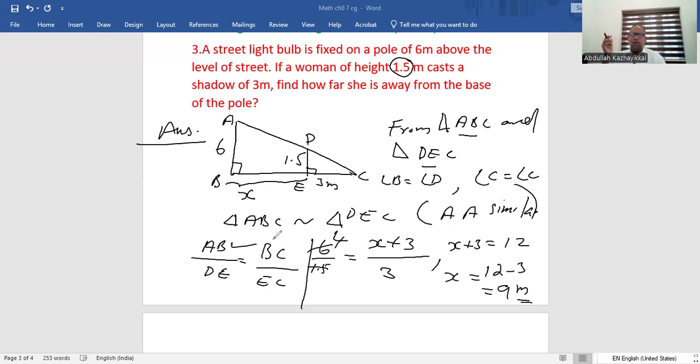Okay? Correct, exactly correct. 9 meter. Please, all of you, note it and make the correction. What I did here, 1.5 meter, not 3 meter. Understood? All of you understood or not?